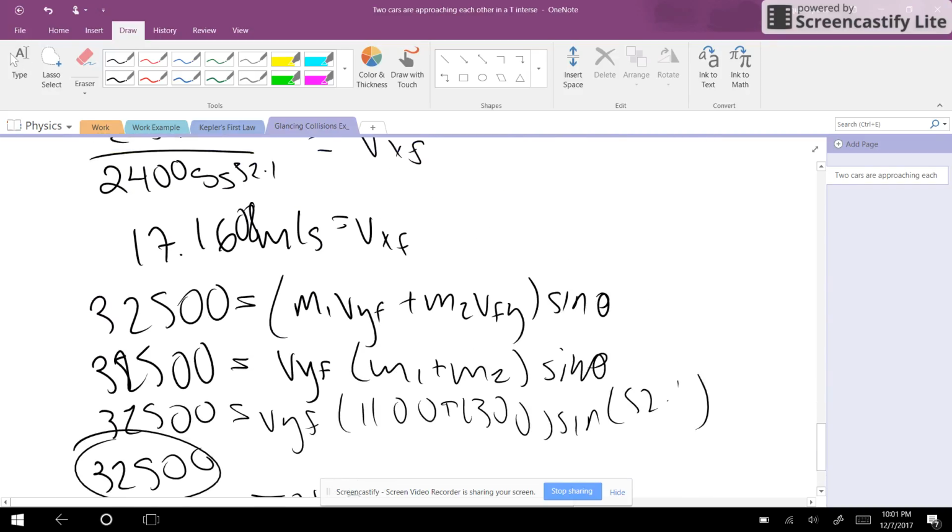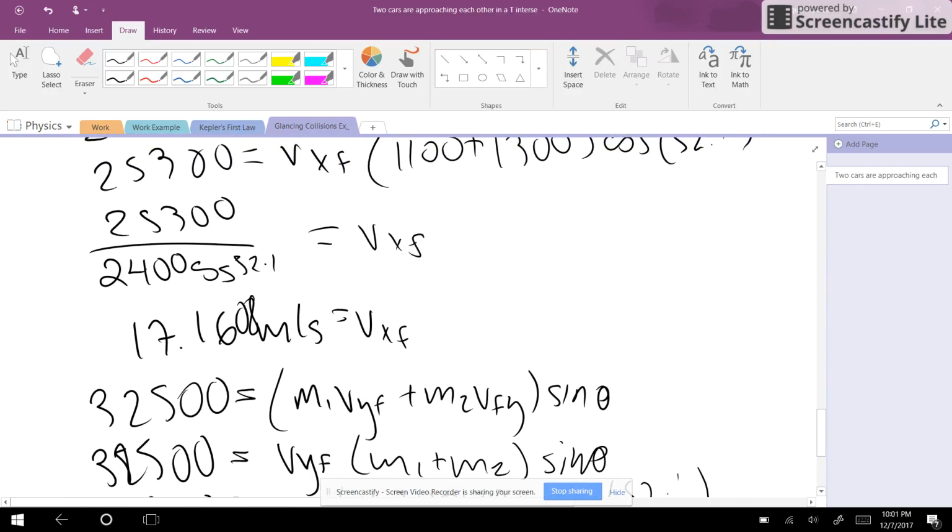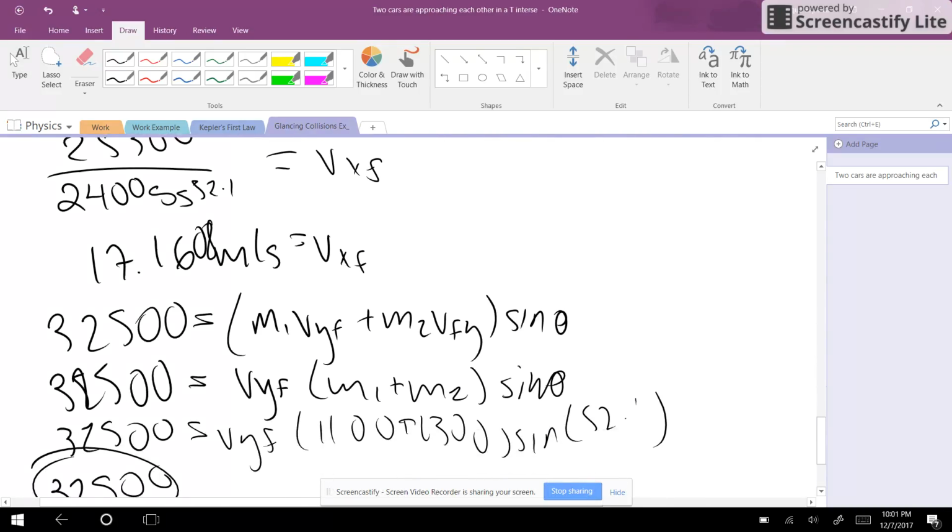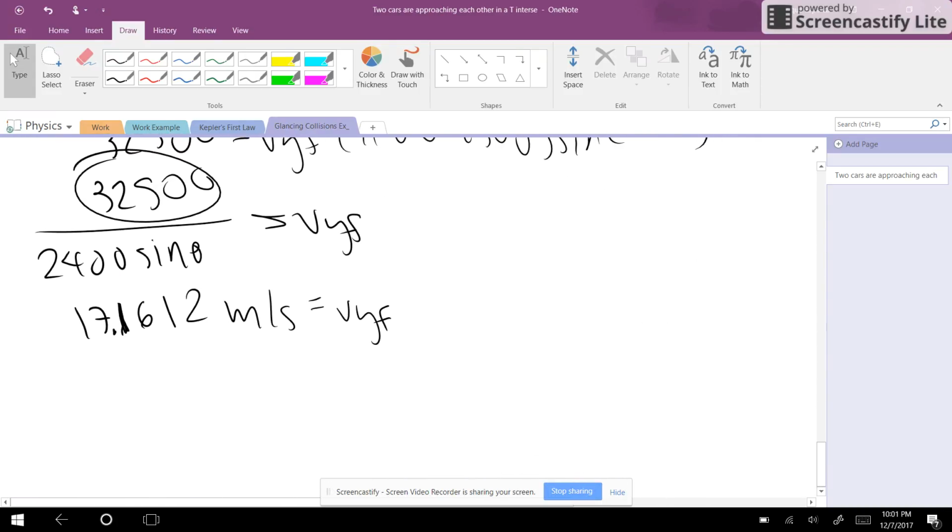However, yeah, that's the vxf and the vyf, but it is asking for just the velocity of both cars, so we've got to square both of these and use the Pythagorean theorem.